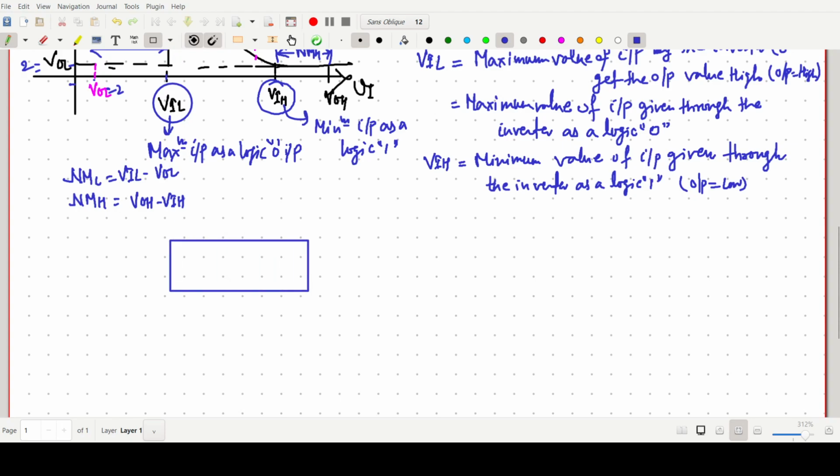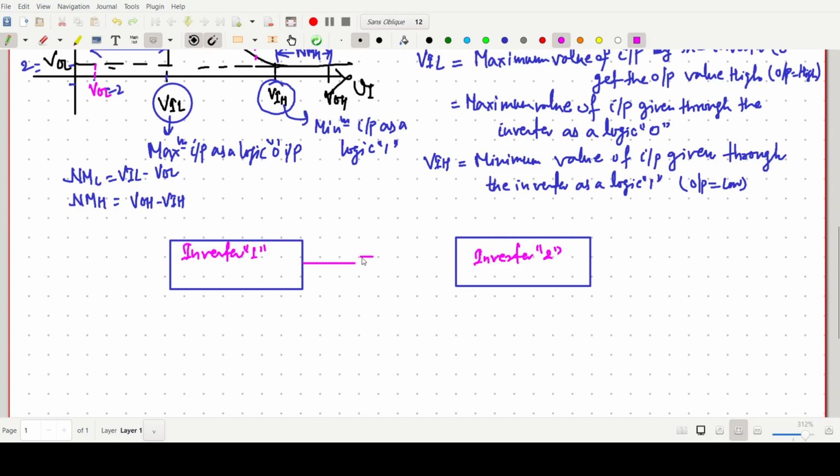Suppose there are two inverters, so I am making two inverter blocks, inverter one and inverter two, and these are connected.